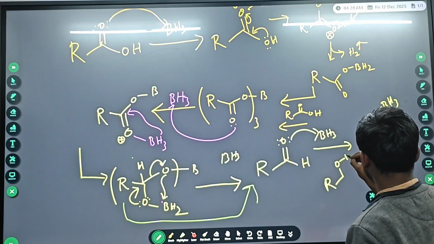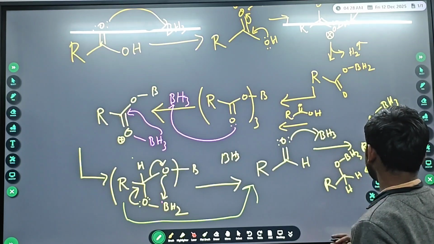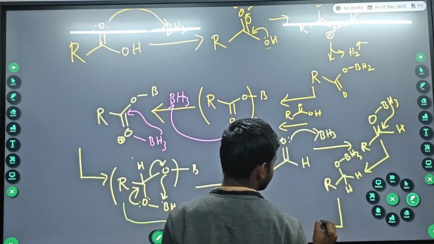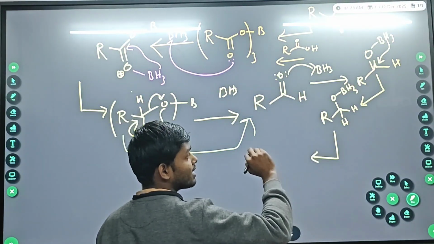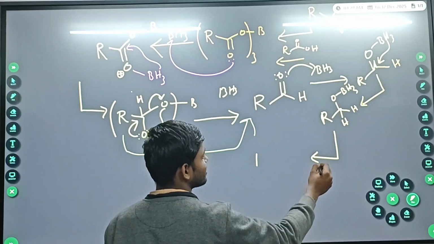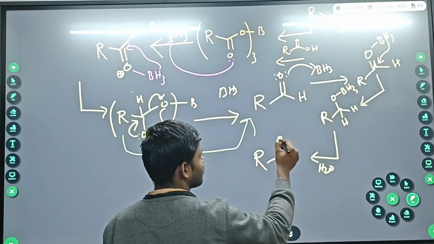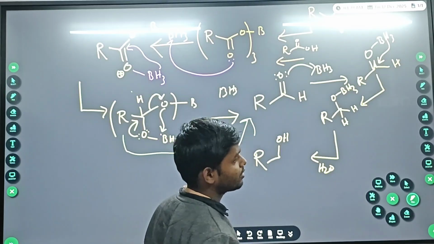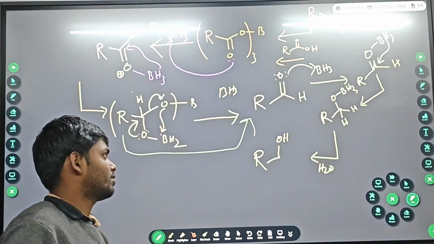As a result, BH2, H and the H. If we see, the same way as sodium borohydride is reacting, this also reacts. So after this, H2 or like ethanol, ROH, is produced. So this is the most fundamental reaction of this.